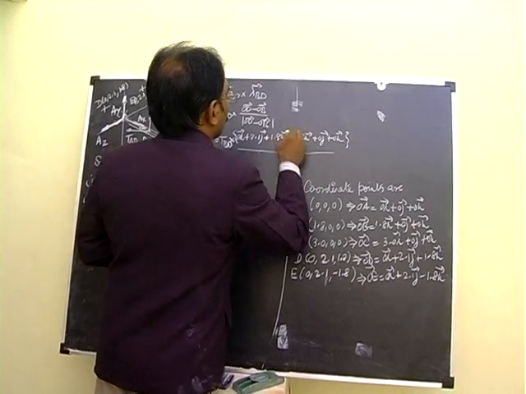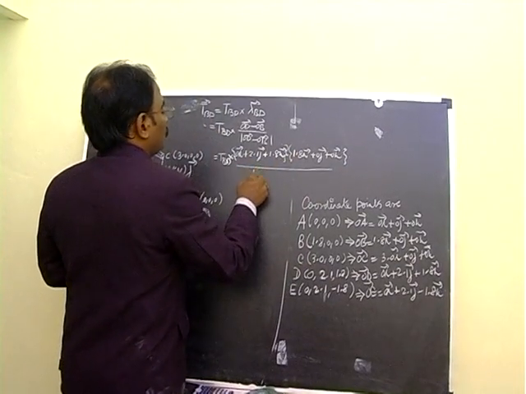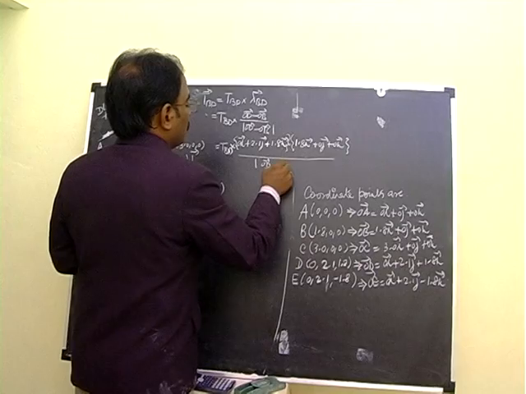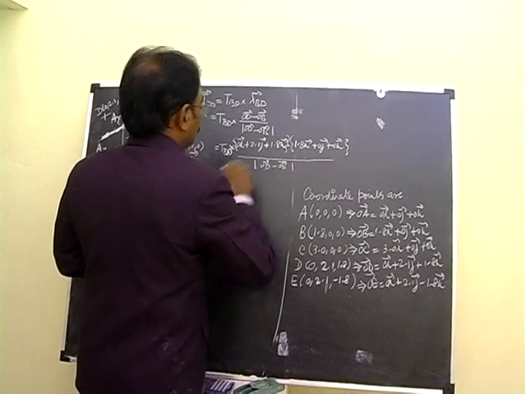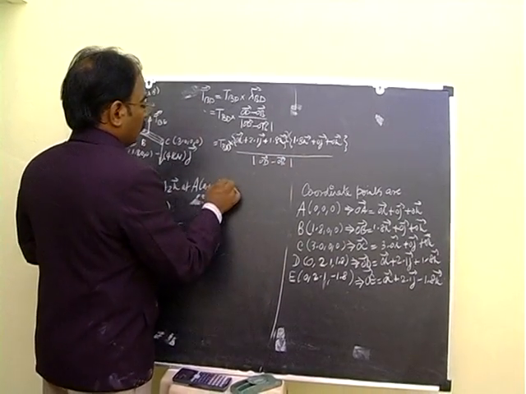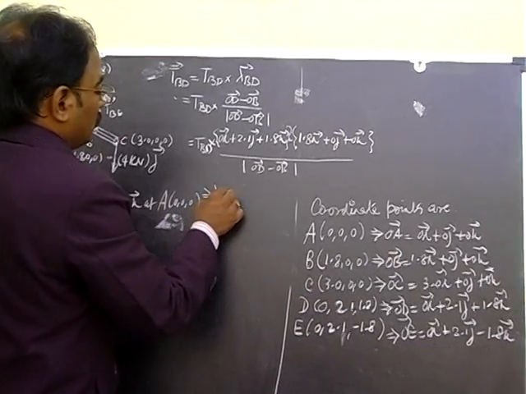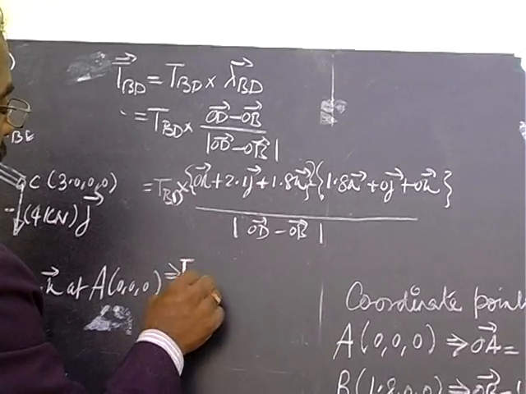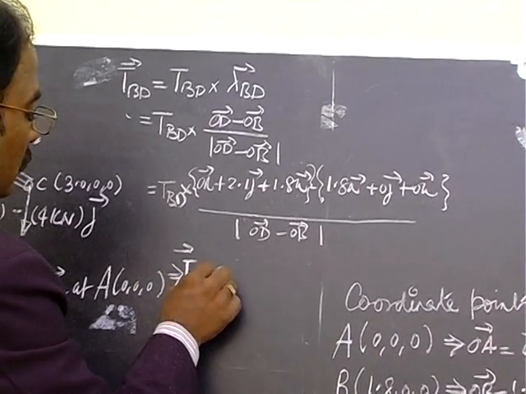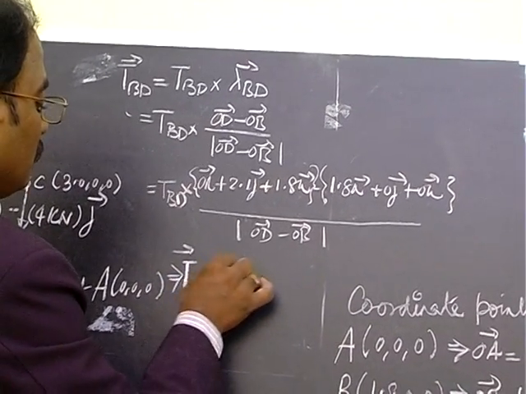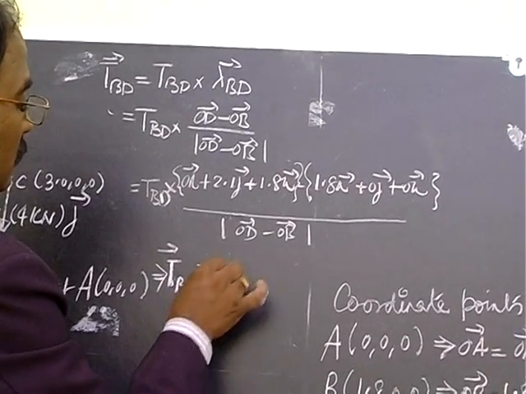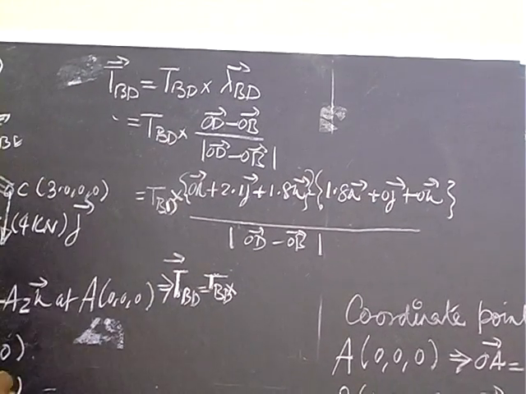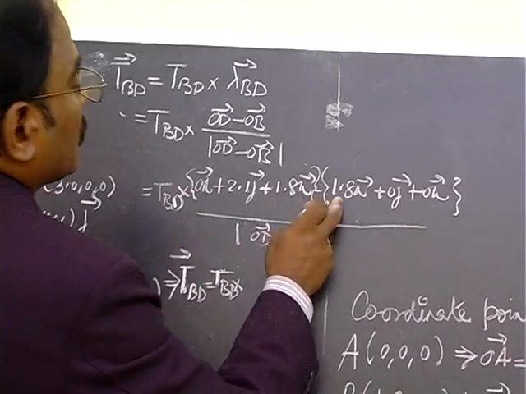the magnitude OD minus OB. So this implies lambda tension BD vector is equal to tension BD multiplied by 0 minus 1.8.